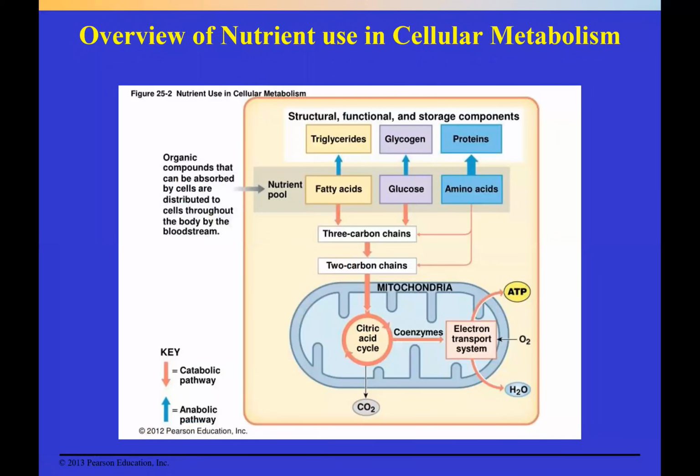So this is a review of what I just said. Anytime you eat a healthy diet, which is balanced in nutrients, the nutrients will enter the cell, and then it will see that these are the three nutrients. It's either going to be a carbohydrate, lipid, or a protein. It will break down into smaller constituents.